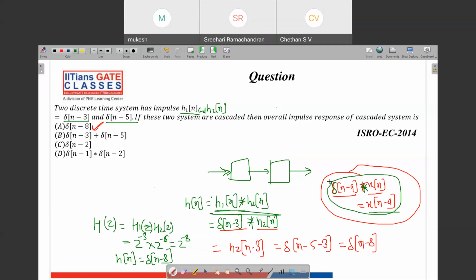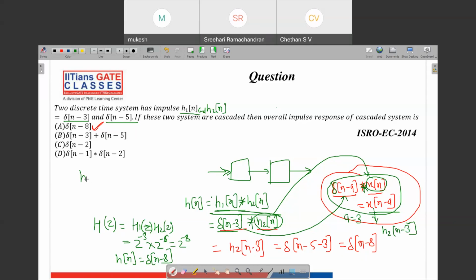Here this x[n] you can think of as h2[n], and this delta[n minus 3] is the same as delta[n minus a], so it means that a is equal to 3 here. So when you replace x[n] with h2[n] and a with 3, you can write it as h2[n minus 3].